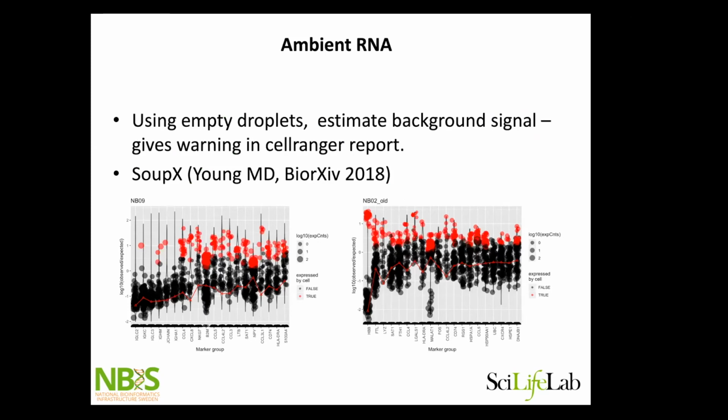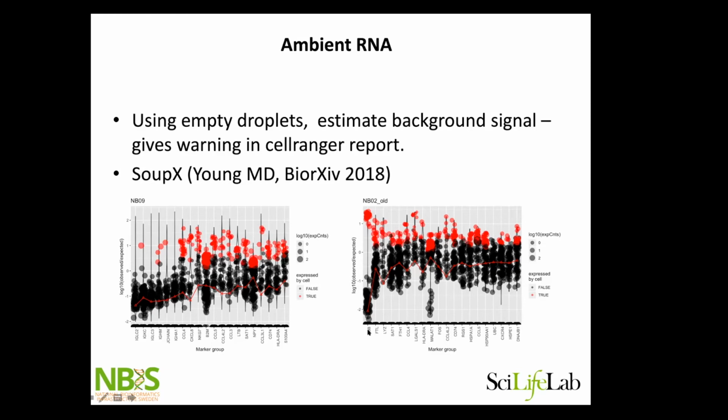There are not that many tools to deal with this, but there is this SoupX package and also some other ones where you basically take these empty droplets that you discarded before, those that only have a few detected genes, and you check what are the genes I detect in these empty droplets. That will give you a feeling for what sort of background RNA you have. And sometimes you see very clear signals.